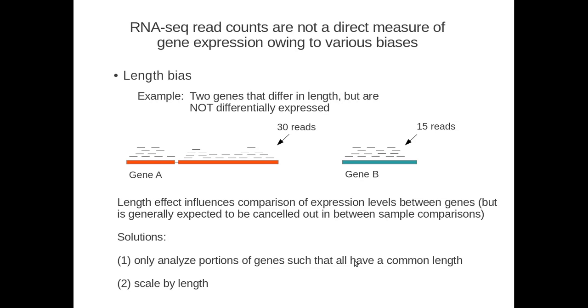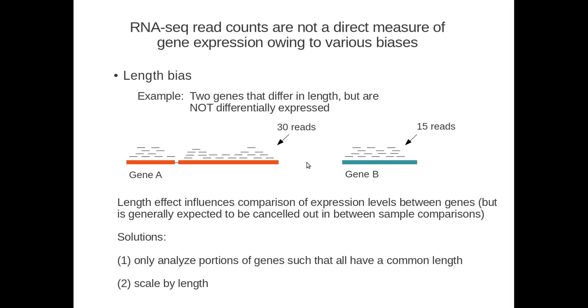So how do we deal with the problem? Well, I have seen this done, though it is certainly not the common way to do it. You could only analyze portions of genes such that all genes have a common length. So we could take some fraction of this gene and some fraction of gene B, and we always take the same total length of sequence from each gene to analyze across our entire data set.